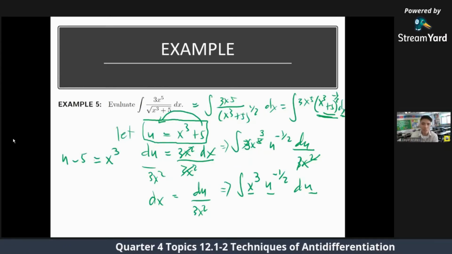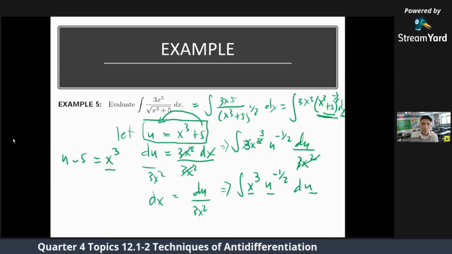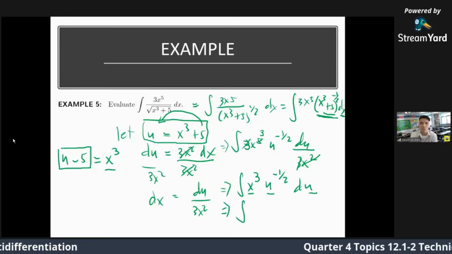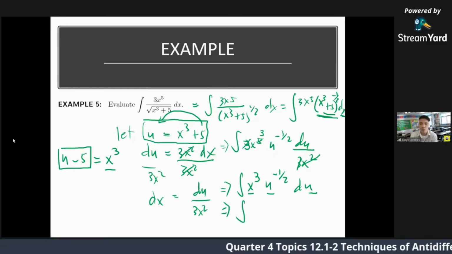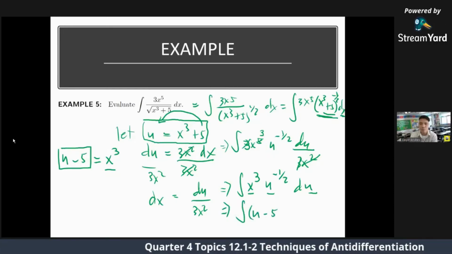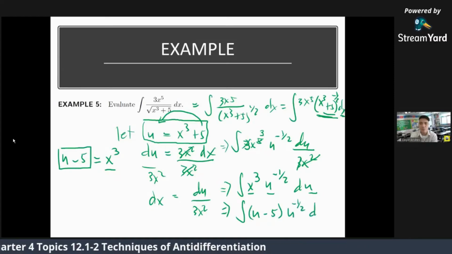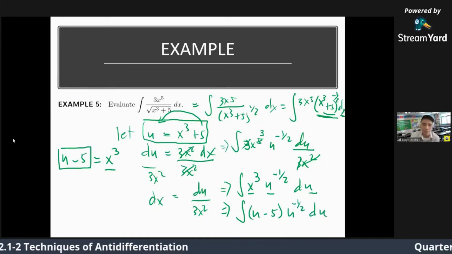So meaning si x raised to 3 pwede lang nato pulihan si og u minus 5 kay para in terms of u tanan. So that becomes integral of u minus 5 tapos u raised to negative 1/2 du. So in terms of u na tanan.